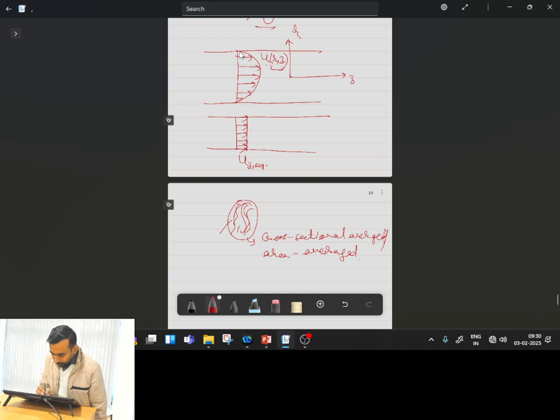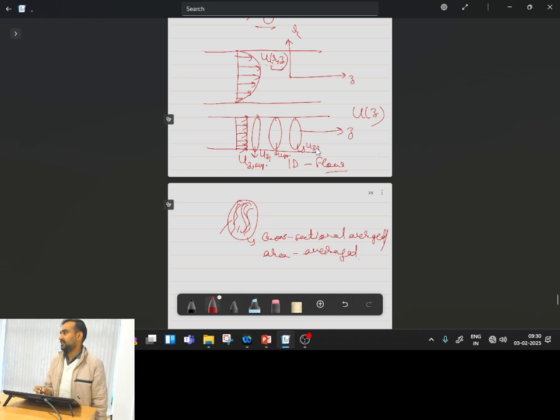So for this velocity profile, if I make the assumption of one dimensional flow, that velocity is only varying in the z direction, that u is only a function of z, then whatever velocities I need to define at all these cross sections will be a single value, u z1, u z2, u z3, etc. And these u z1, z2, z3 will be the cross-sectional area averaged representatives of the entire section.